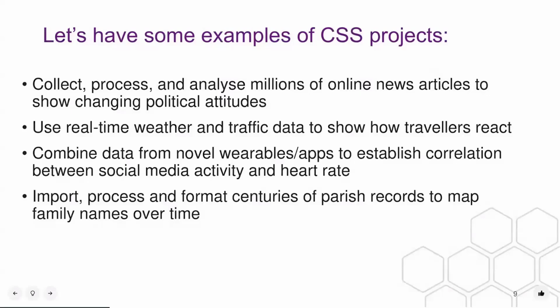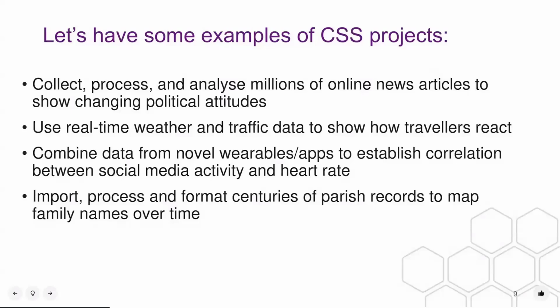Another example could be using real-time weather and traffic data to look at how travelers react. For example, maybe you hear that there's a new storm that has caused damage to a local town, and you want to look at how people react and how this event is dealt with in real time.